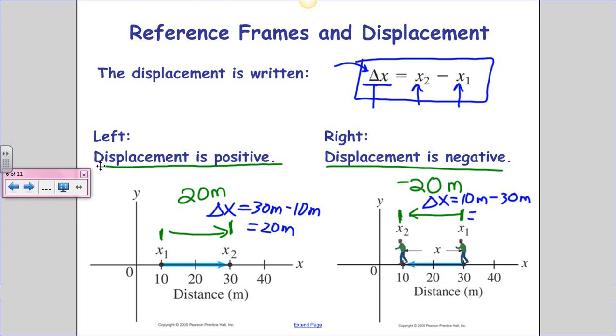And here our answer is negative 20. So these graphs were really easy to look at and determine that he moved 20 meters or negative 20 meters. But you can also use this equation, and this equation is pretty important. This is the definition of displacement.